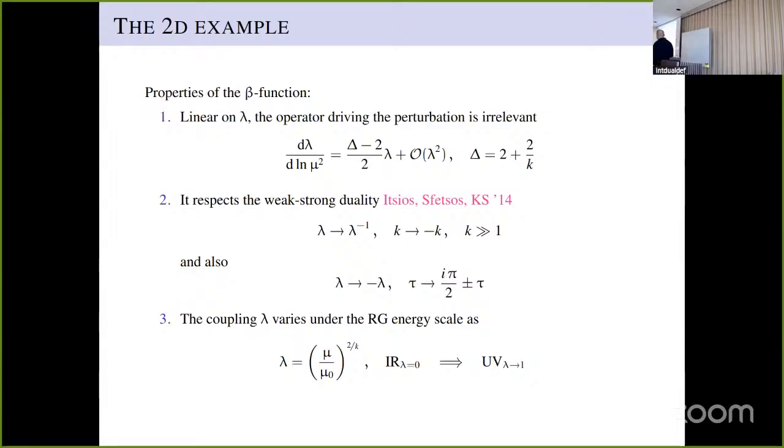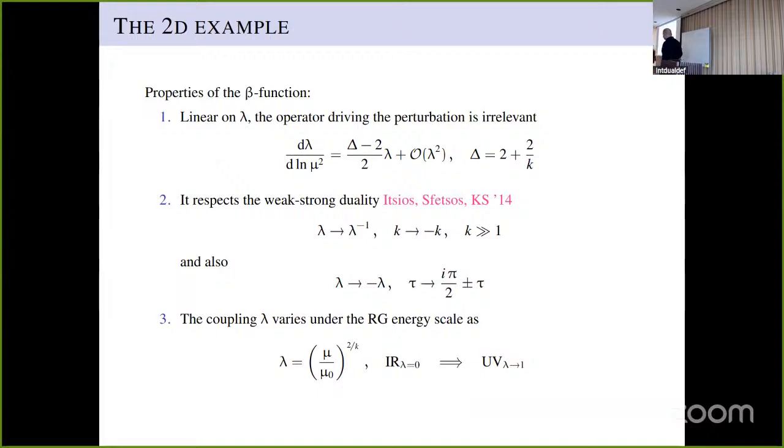This beta function is linear in lambda, and the operator which drives the perturbation is relevant. So the dimension here, k is positive, bigger than 0. It respects explicitly the Kramers-Wannier duality, and also an additional symmetry where I take lambda to go to minus lambda, and this kind of shift here. At this level, this is imaginary, but it's also a symmetry at the level of the beta function.